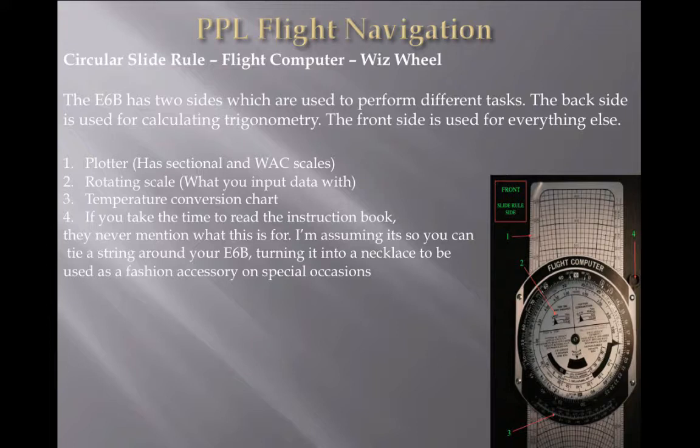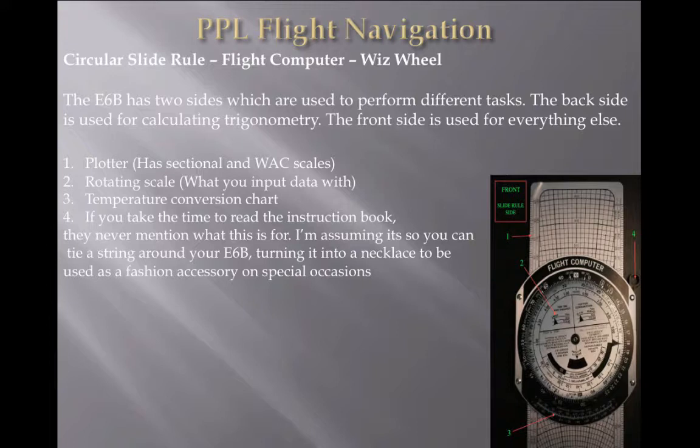So it's got two sides which are used to perform different tasks. The back side is used for the calculation of trigonometry, wind, and we'll get into that in part 2 of lesson 2. The front side is a very clever piece of kit in the fact that you can do some really interesting calculations.